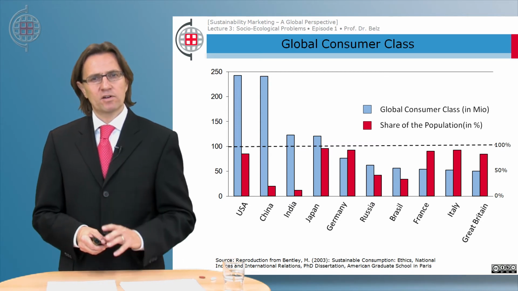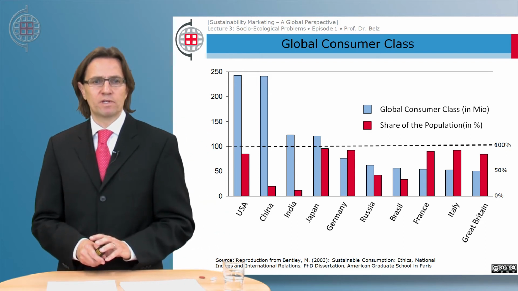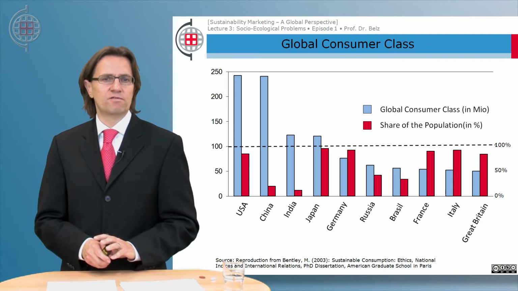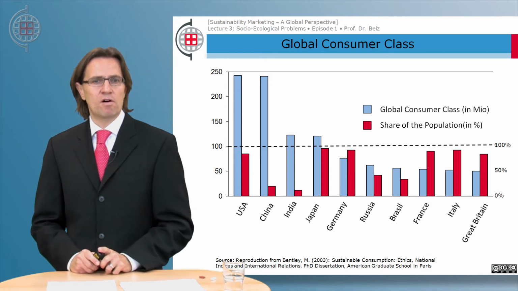Nevertheless, if you look at the absolute numbers, which are shown in blue, you can see in the case of China and India, it's a vast number. Although just 15% of the population belongs to the global consumer class, in absolute numbers that equals 250 million people.